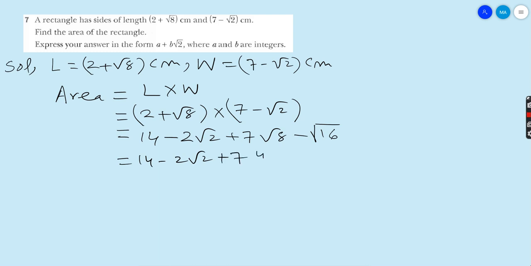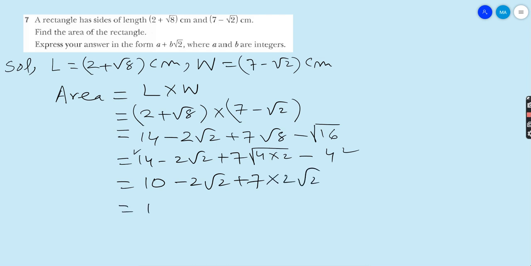14 minus 2 root 2 plus 7 root 8. Root 8 is root 4 into 2, and root 16 is 4. This 14 and this 4 can subtract. 14 minus 4 is 10, minus 2 root 2 plus 7. The square root of 4 is 2, so 2 is outside: 7 times 2 is 14 root 2.